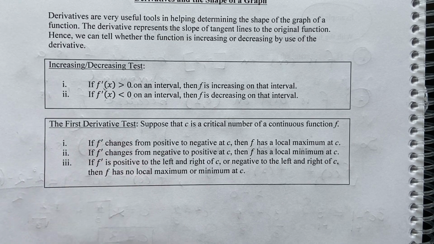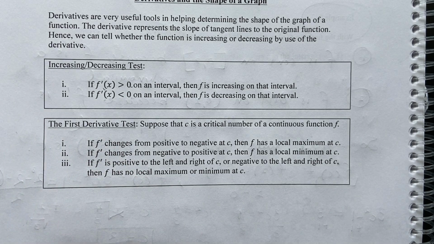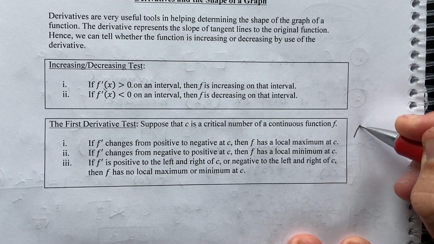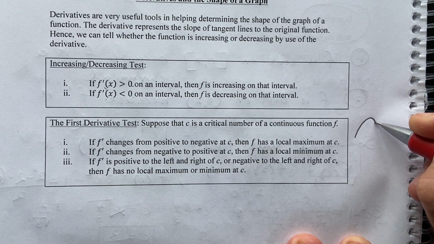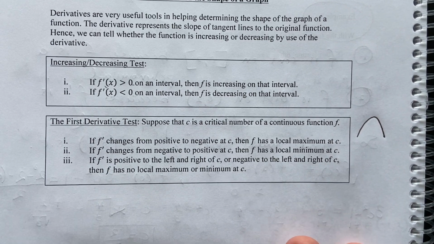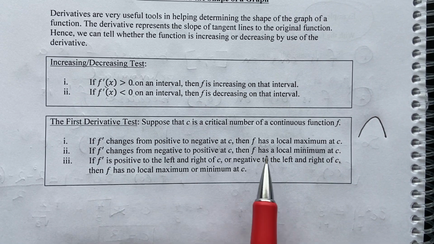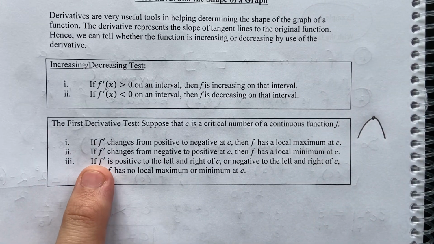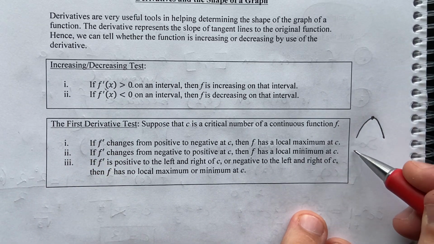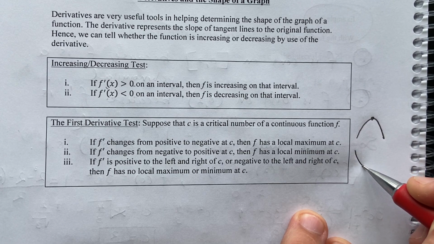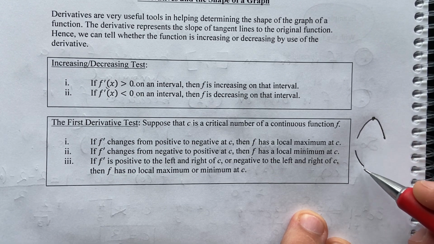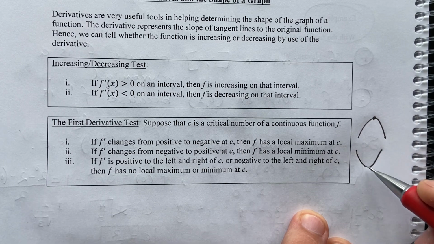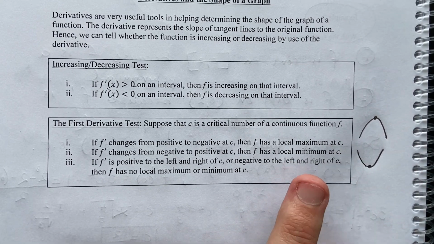So if f prime, the derivative, changes from positive to negative, that picture would look like this. You'd have positive, positive, positive, negative, negative, negative, right? If that's happening, then there's a maximum. If the derivative changes from negative, here's negative, negative, negative tangent lines, right? Imagine the slopes of tangent lines to here. Negative, negative, negative, and then switches to positive. This would be a minimum.